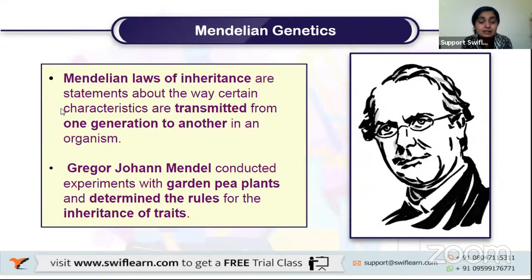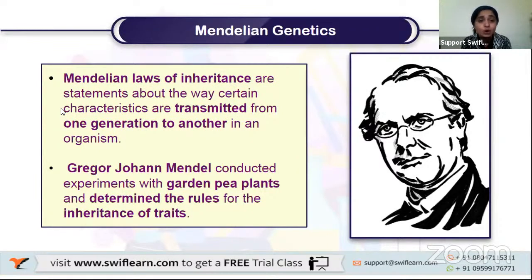Now let us talk about Mendelian genetics. Who was Mendel and what exactly did he do to make the study more amazing and give us these beautiful facts about how things are transmitting, how heredity is taking place? Mendel helped us understand how the traits, how the genes are being transferred from one generation to the other.